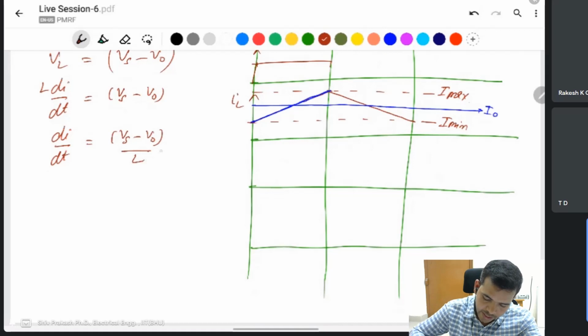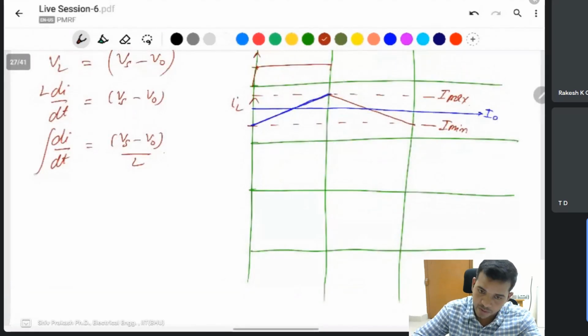Integrate this to find the ripple current from I minimum to I maximum, so I maximum minus I minimum.